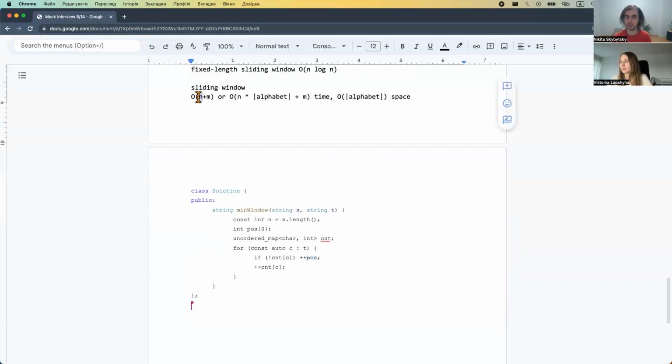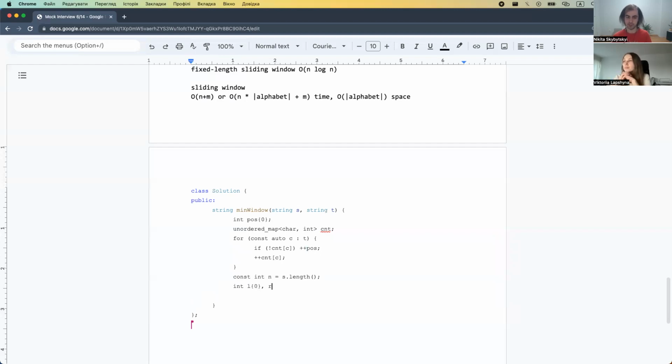To achieve this efficient check, I need to keep track of this quantity, because I don't want to iterate over the entire map. If I iterate over the map, then it will be this alphabet size multiplier. So I'll just keep track of it. Now we can do our sliding window.